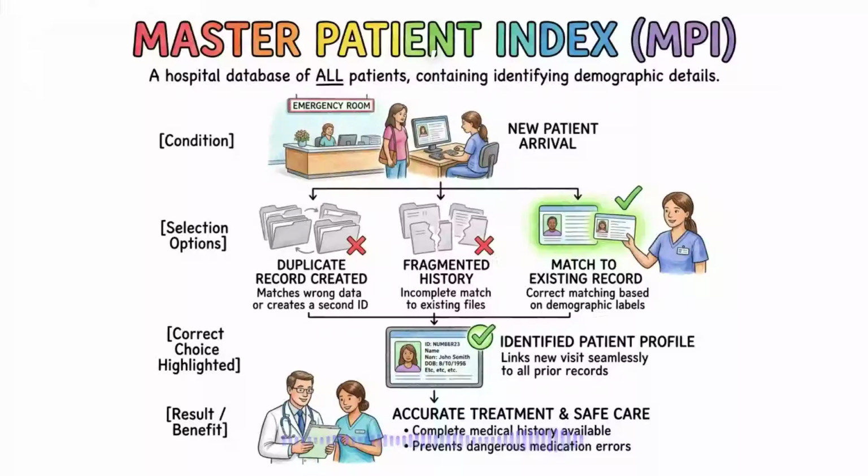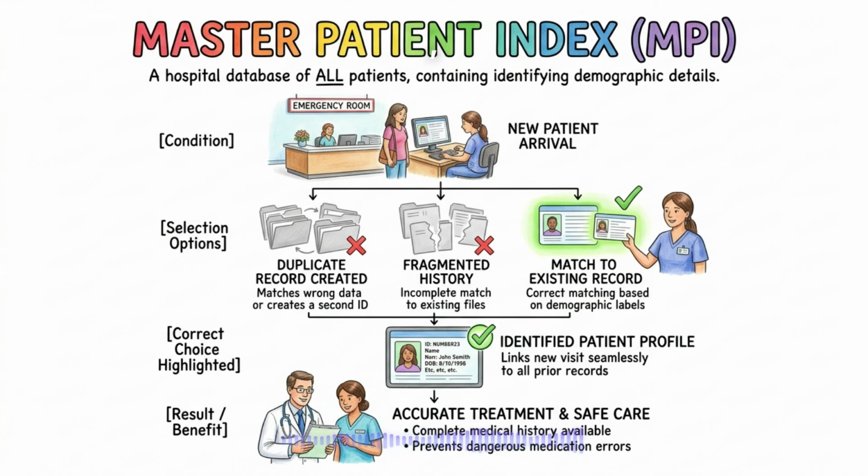Every hospital relies on a massive organizational database called the Master Patient Index, or MPI. The Master Patient Index is a permanent registry that contains demographic information for every single patient who has ever received care at that specific facility.